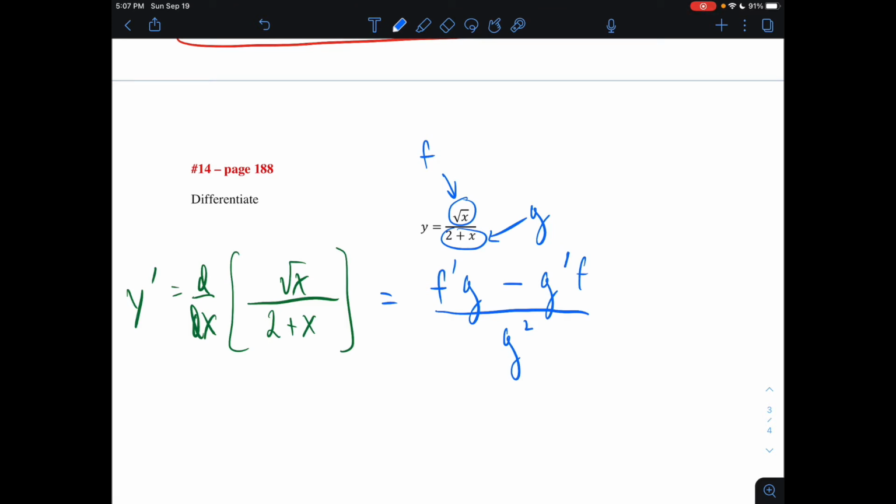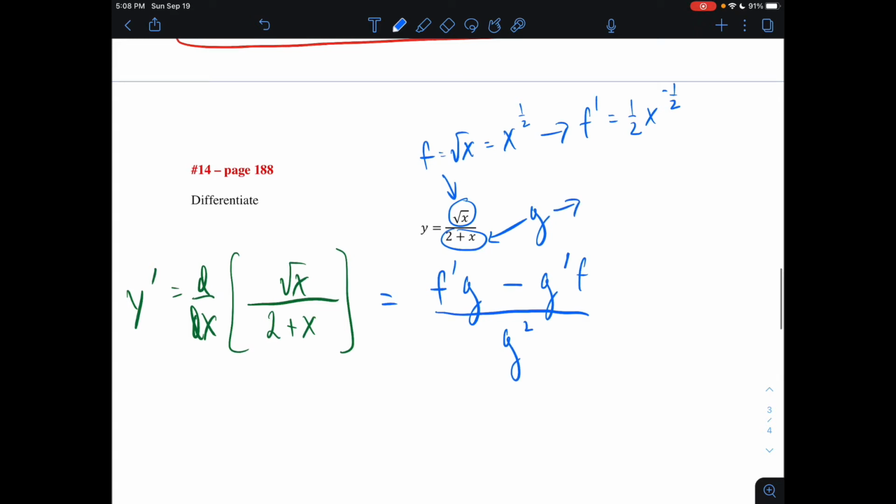So then we should write down what our derivatives are. So again, if f is equal to the square root of x, remember that's equal to x to the 1/2 power, which means that f prime, just like we saw in the previous example, is 1/2 x to the negative 1/2. And then if g is 2 plus x, then g prime is just the slope of that line, which is 1.